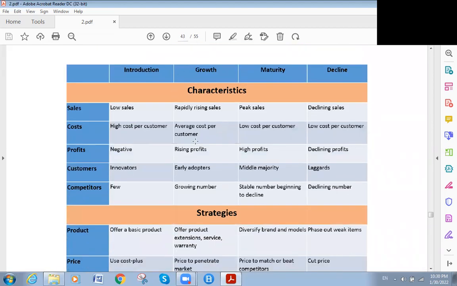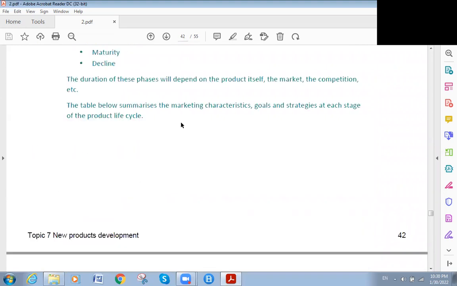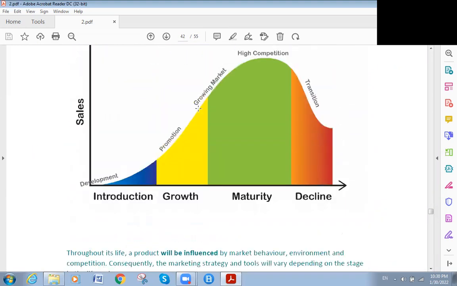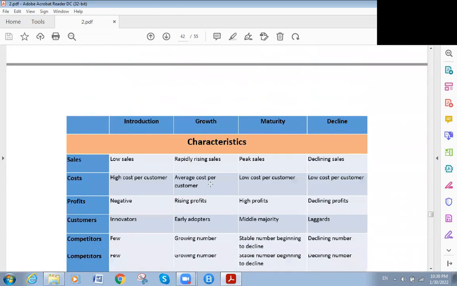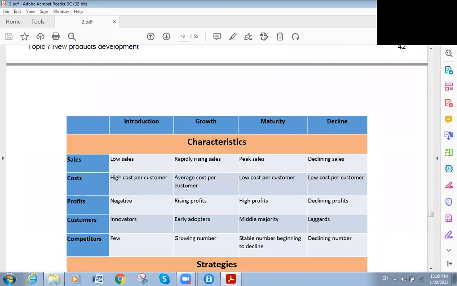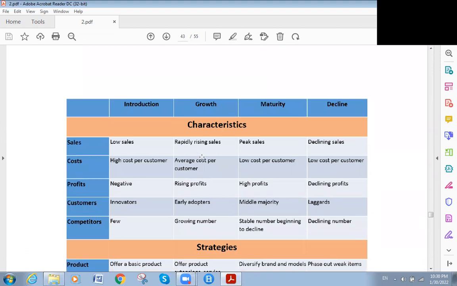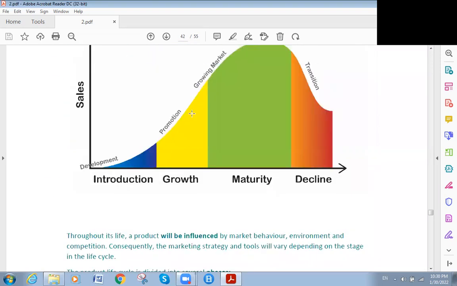When you go to the growth area, you are increasing the sales, like what we said, and the average cost per customer will start to go down. It's not high like here, but it will be a little bit down. Profits start to appear in this era.